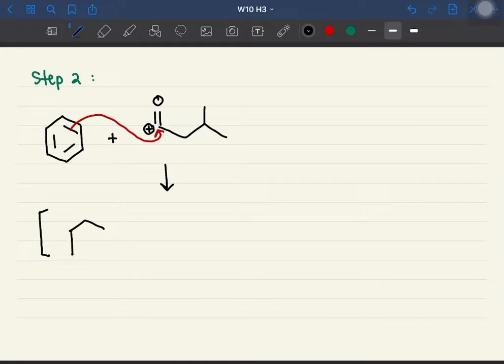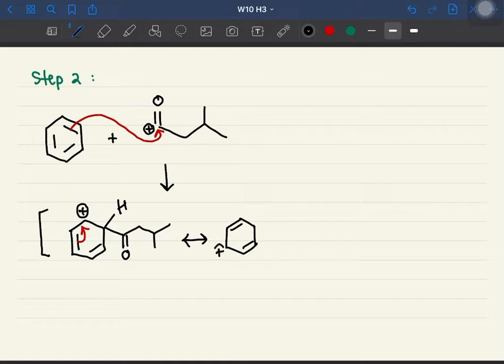Since one of the bonds has been broken, we're going to form a positive charge in here, and then we have H, and then this acylium ion has become the CO, and then we have methyl in here. We can move this double bond to this bonding, giving you the second resonance structure, here and here.